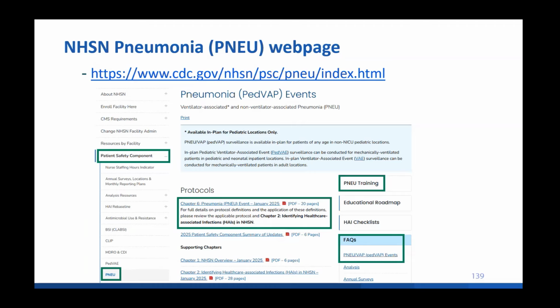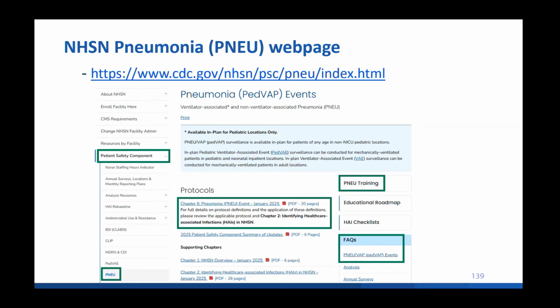A few highlights are the pneumonia protocol, the pneumonia training page, and the pneumonia frequently asked questions, or FAQs. I highly recommend you review the pneumonia FAQs as they provide additional guidance for applying some of the concepts of pneumonia surveillance, and you may find answers to some of your questions there.